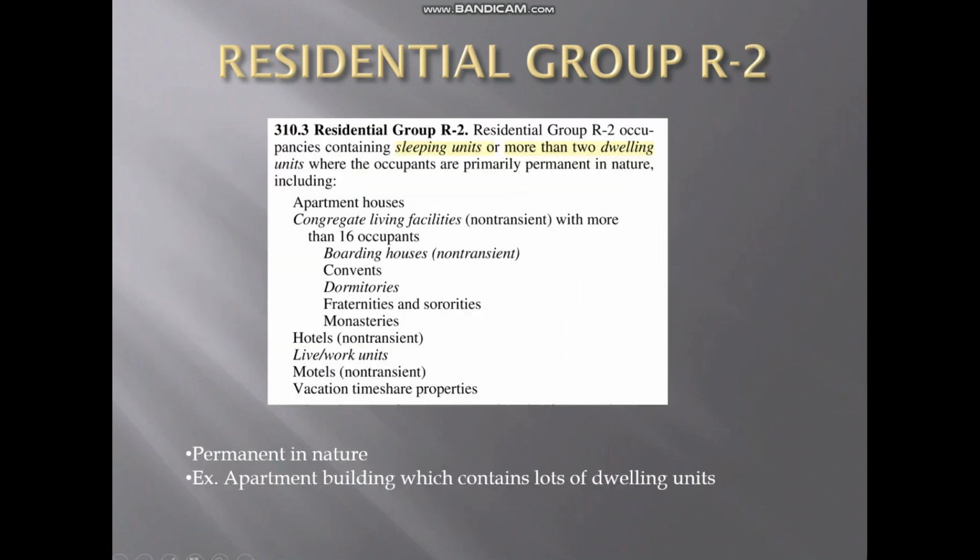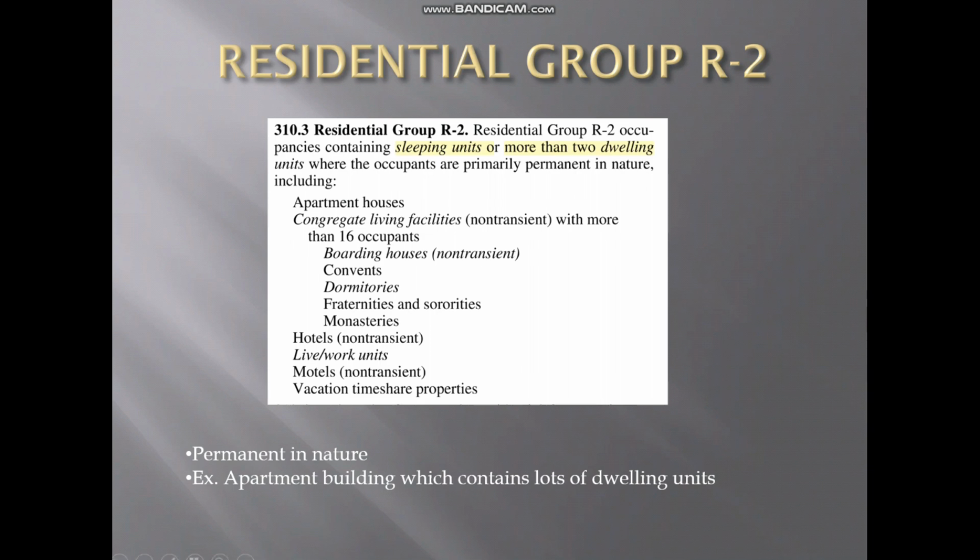The next one, R2, is also a sleeping unit, but the important thing is that it is permanent in nature, not transient. It has more than 2 dwelling units, like an apartment building, where there will be plenty of dwelling units. So it has permanent sleeping units and more than 2 dwelling units.